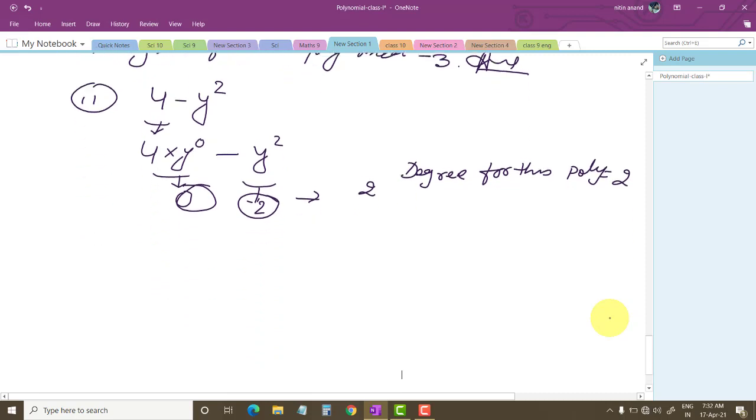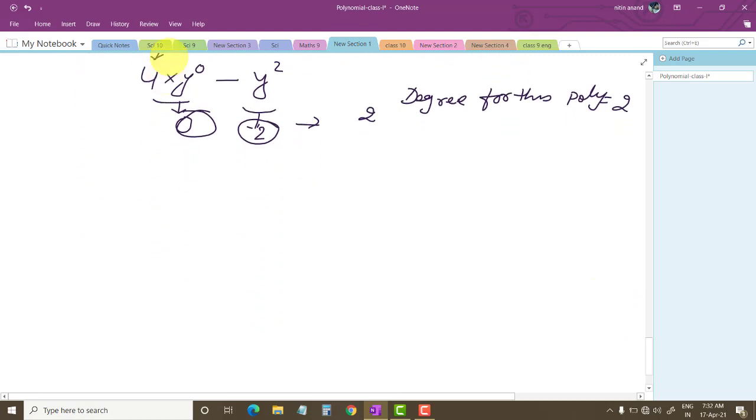Now the third question: 5t minus square root of 7. The constant term has degree 0, and the power of the variable in the term 5t is 1.